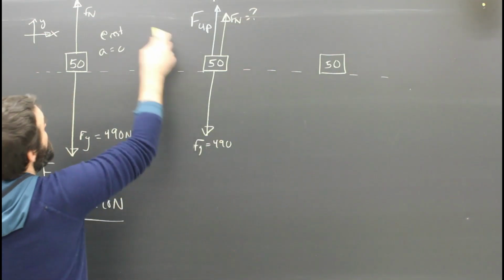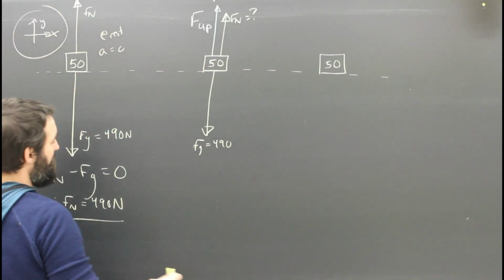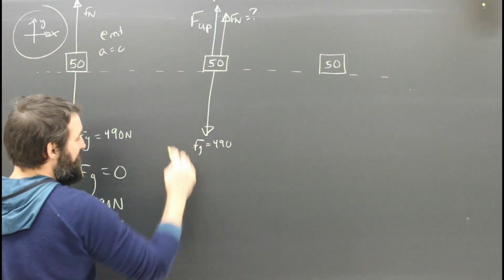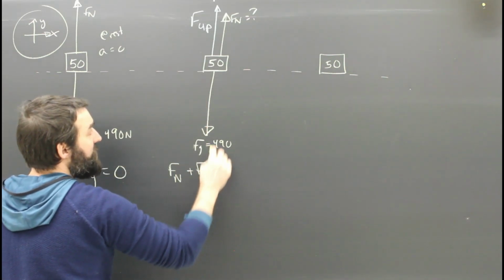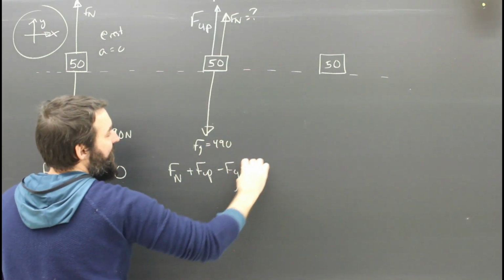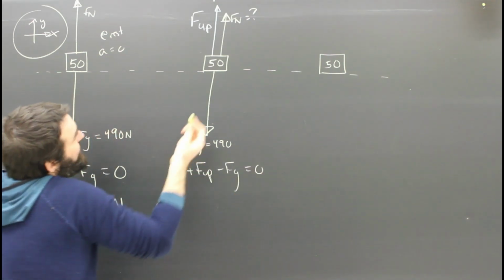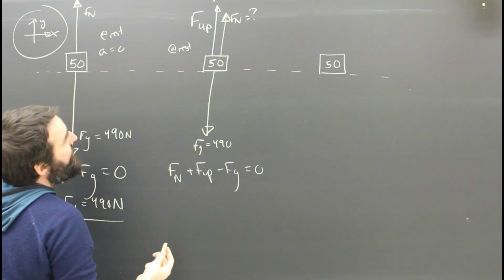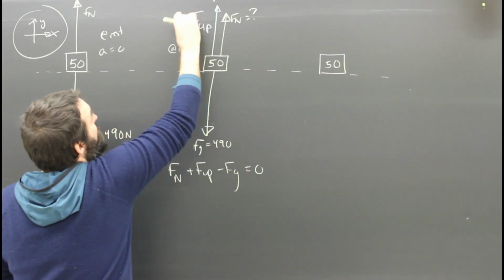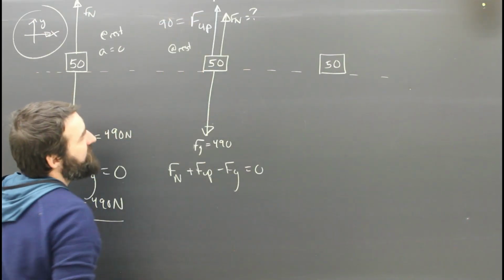What's my y equation? Same coordinate system as before. My y equation is that Fn, which is positive, plus F up, which is also positive, minus Fg has to be equal to 0 because it's still at rest. It's being pulled upwards, but not by enough. What did I say the upwards force was? Only 90 newtons, I think I said.